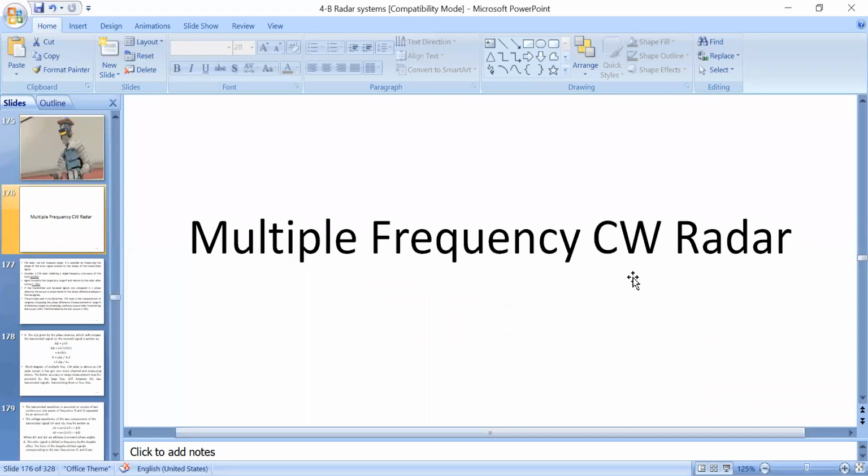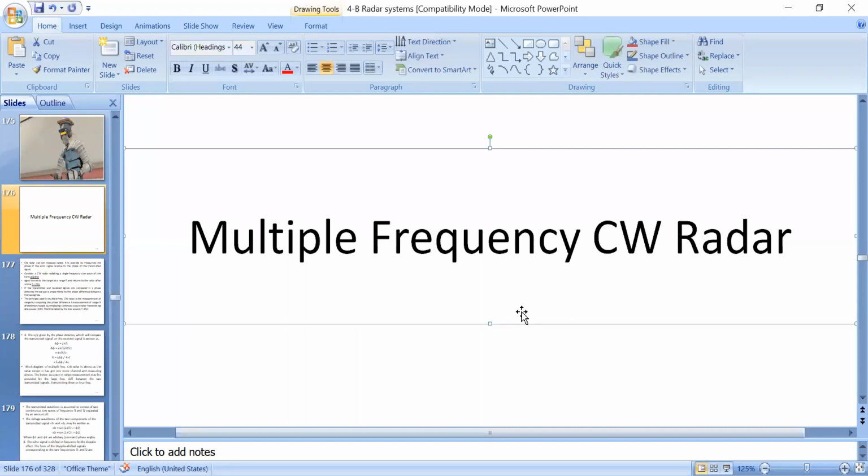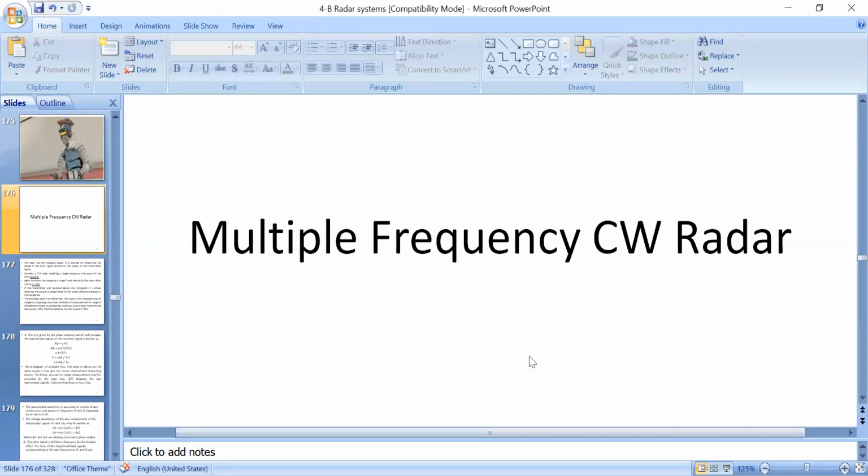How are we calculating the range information using FMCW radar? By using the frequency deviation, as the name itself indicates. What do you mean by frequency modulation? Change in frequency with respect to the instantaneous amplitude of the message signal.